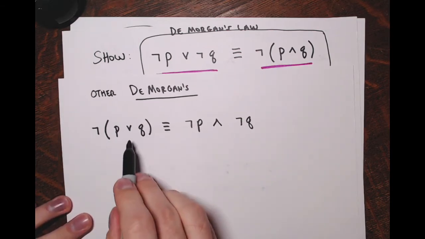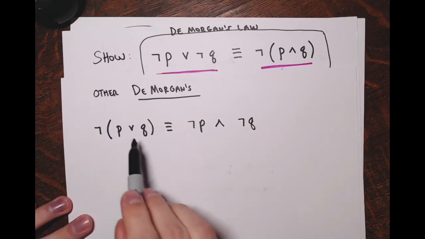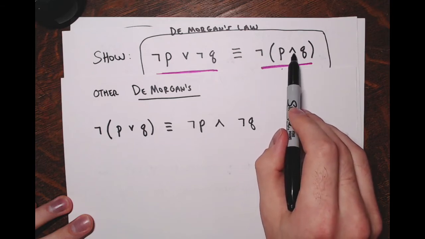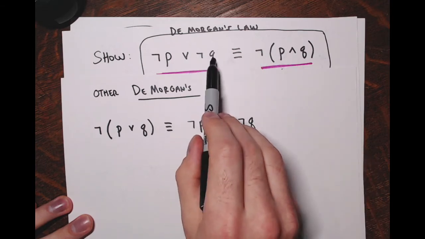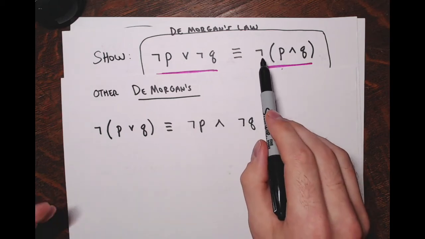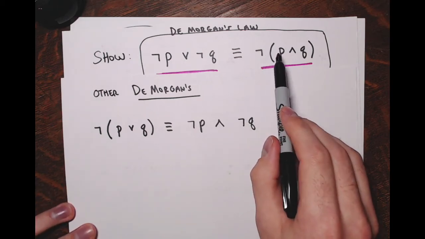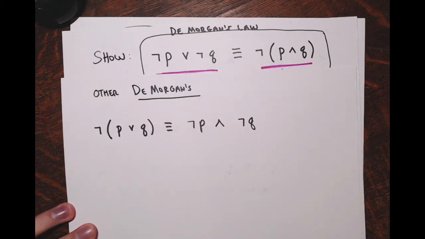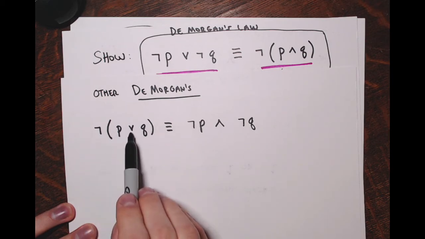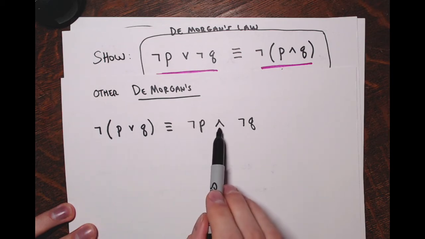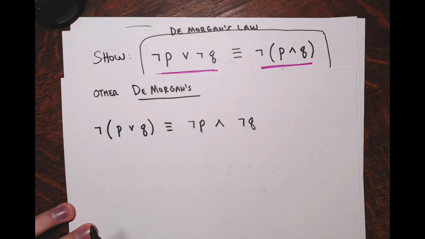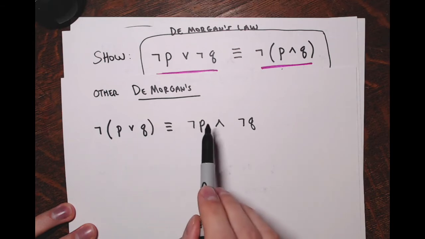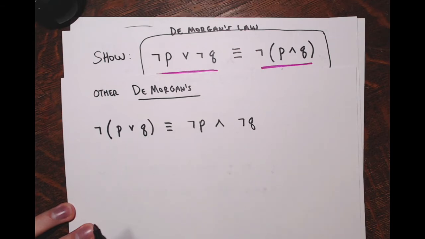Flip that middle symbol around. So this is another one of De Morgan's laws. If you negate an and statement, it becomes an or statement of the negations. Another way to say that, the negation of a conjunction is the disjunction of the negations. And if you negate an or statement, you get an and statement with the negations. Or the negation of a disjunction is the conjunction of the negations.